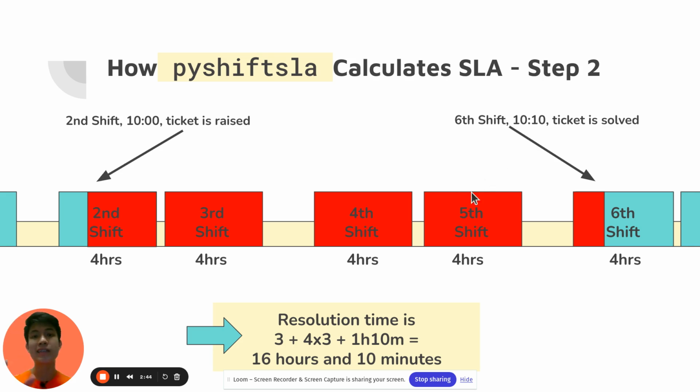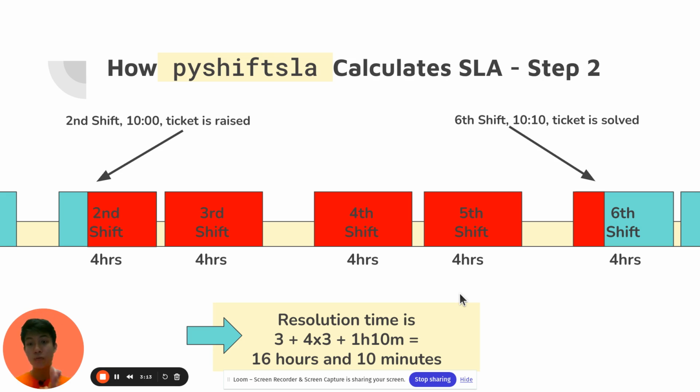To get the time it takes to solve this problem, first we combine all the shifts in between. So there are three shifts, each of them costing 4 hours. So there will be 12 hours in between. And we also combine the hours in the first and the last, in the second and sixth shift. We have 16 hours and 10 minutes in this case.